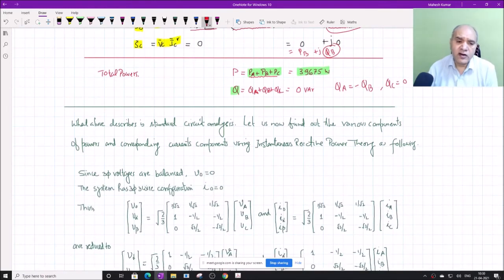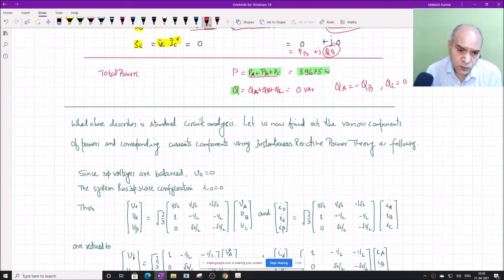Okay, so for that we have to go through the alpha, beta and 0 transformations, find out the power components P and Q, and then analyze the active and reactive components of the currents.